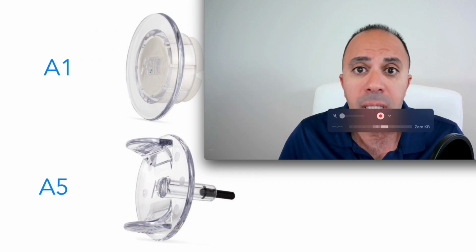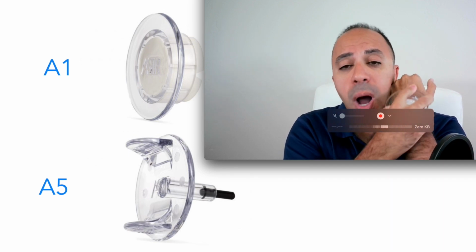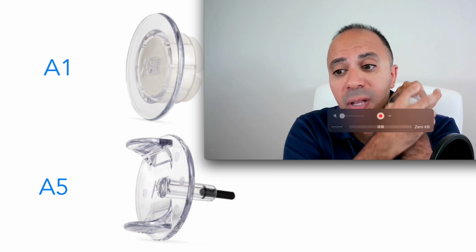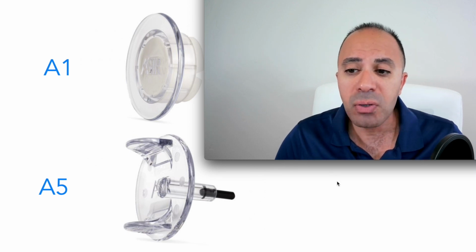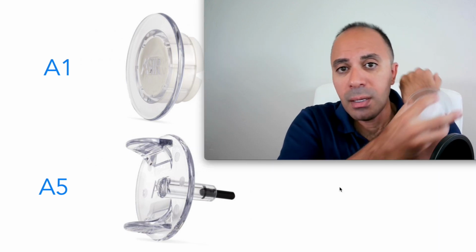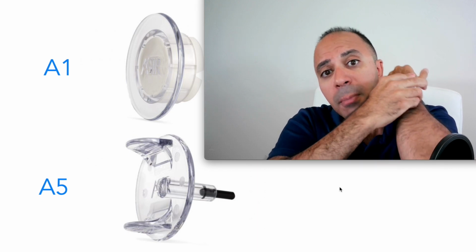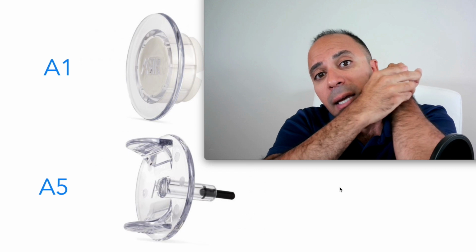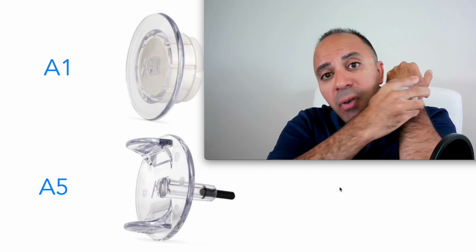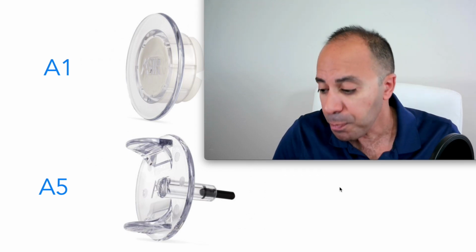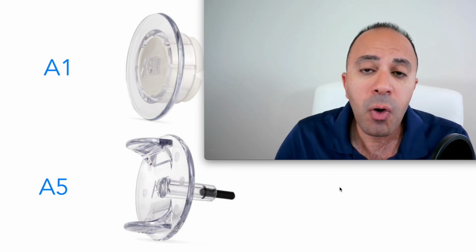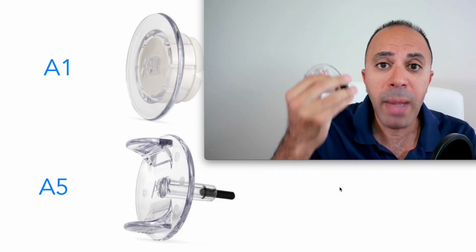What I personally do is use the A1 to release the superficial fascia layer. I'm not showing it on my shoulder because I'm wearing clothes, but I release the superficial and the deep fascia with the A1. Then I go deep to release the deep adhesion.